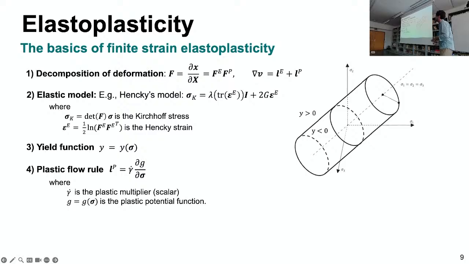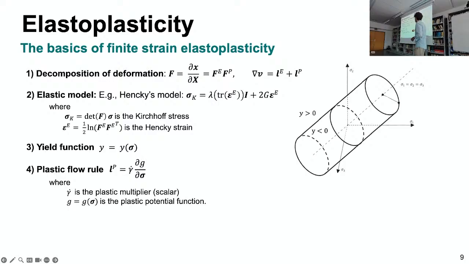It's not enough to just say this is my yield surface in stress space. We also need to impose other conditions on the plastic deformations, and that's through what we call the plastic flow rule. And it essentially tells you that the plastic rate of deformation should have a certain form, and we need to choose what's called the plastic potential function.